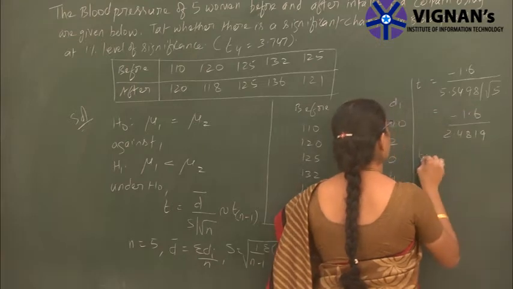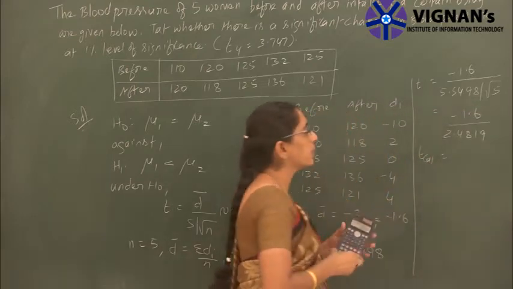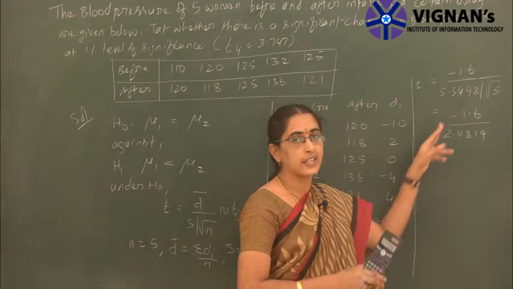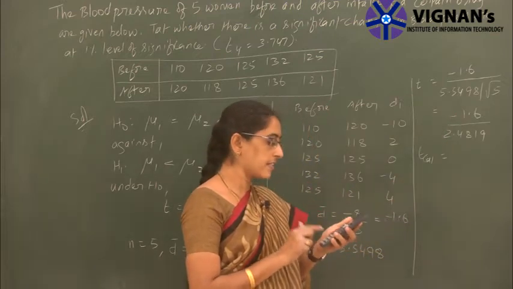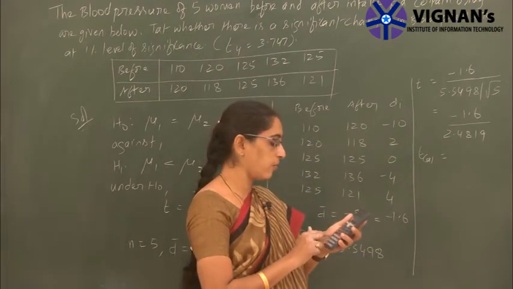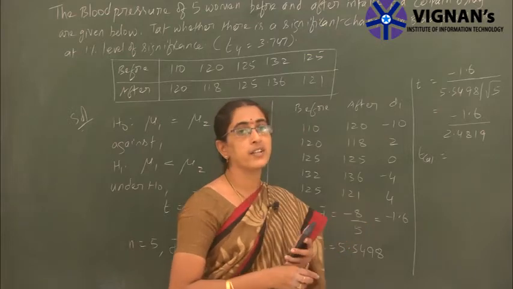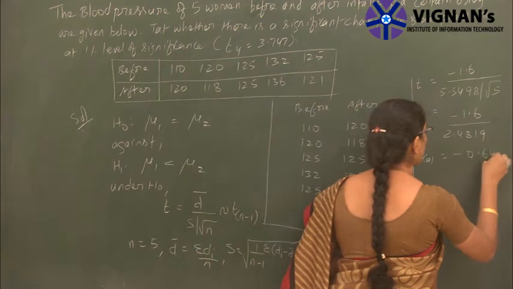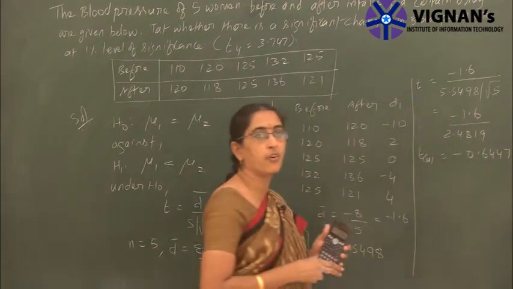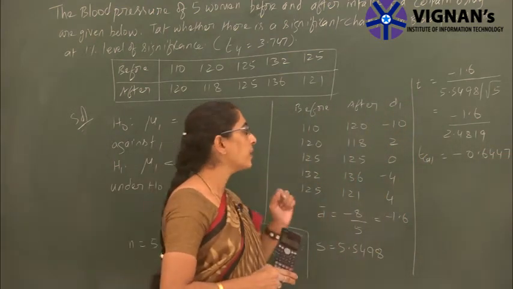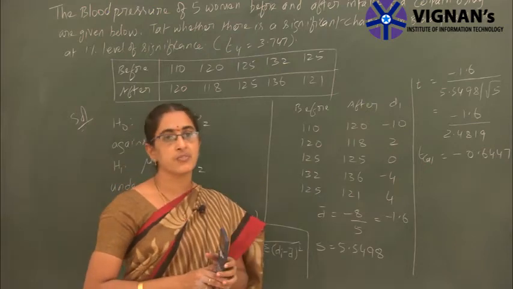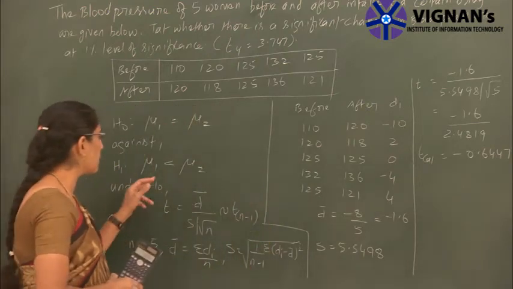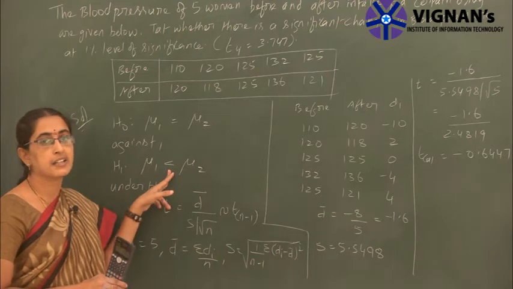Now this time our calculated value will be negative because here D bar is negative. So 1.6 divided by 2.4819 is 0.6447. So T cal is minus 0.6447 here. Now here we can't consider the modulus for T cal because our alternative hypothesis is less than, that means left side.